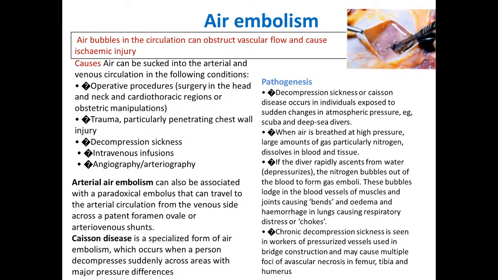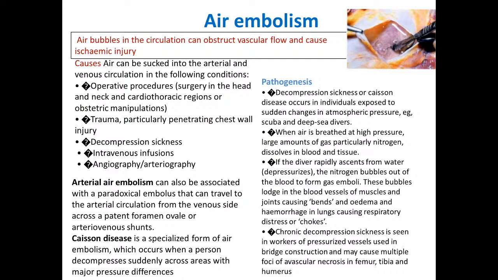Arterial air embolism can also be associated with a paradoxical embolus that can travel to the arterial circulation from the venous side across a patent foramen ovale or arteriovenous shunts.